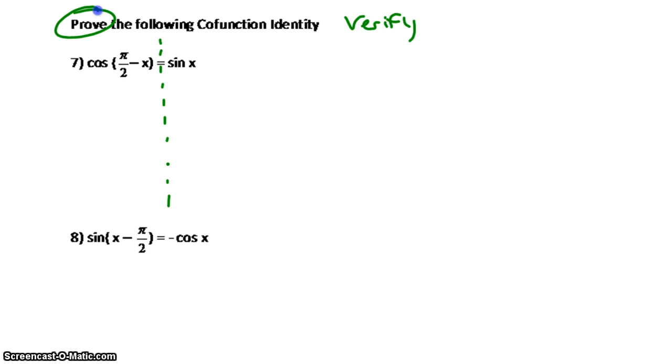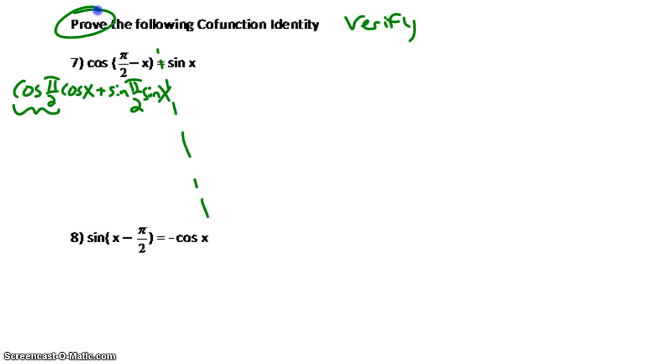In my proof of this, I'm going to look at my identity and see that I have cosine of u, which is pi over 2, times my cosine of x, and I will need just a tad more room, so I'll kind of angle this. I'm going to need an addition of sine of pi over 2 and sine of x.